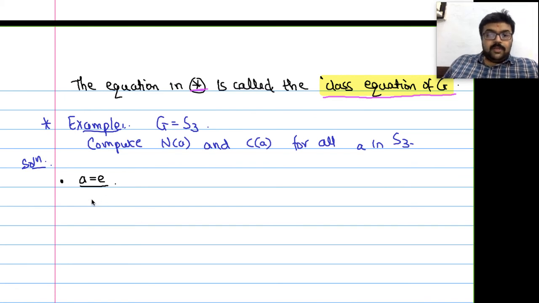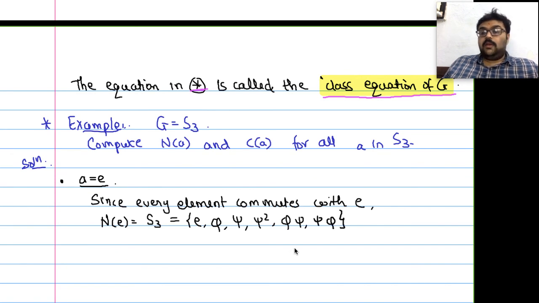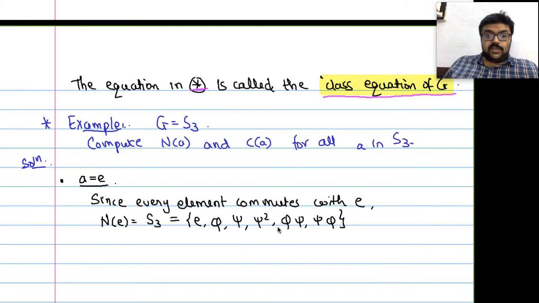Since every element commutes with e, we have N of e equals S3. It's the entire group. So e also commutes with e, phi, psi, psi squared, phi psi, and psi phi, which is phi psi squared. Right. So this is S3.